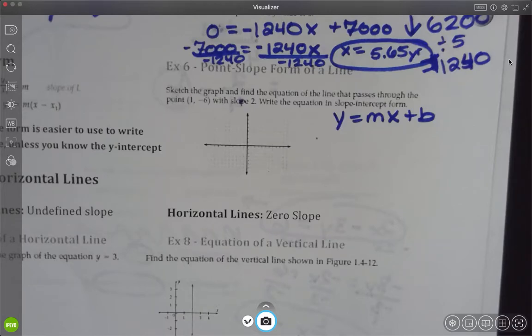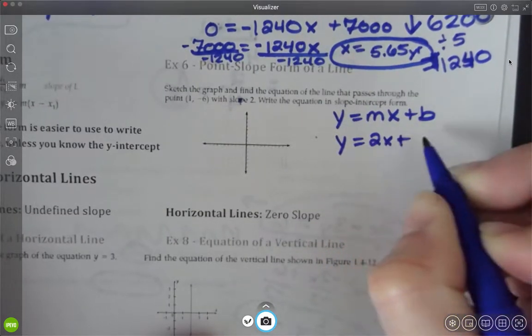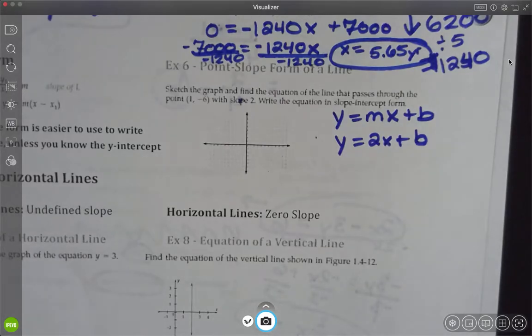These are the 2 pieces of information it gives me. My slope is 2 and my point is (1, negative 6). So 2 is M, the slope, right? Now we need to find B. So what do we do now?